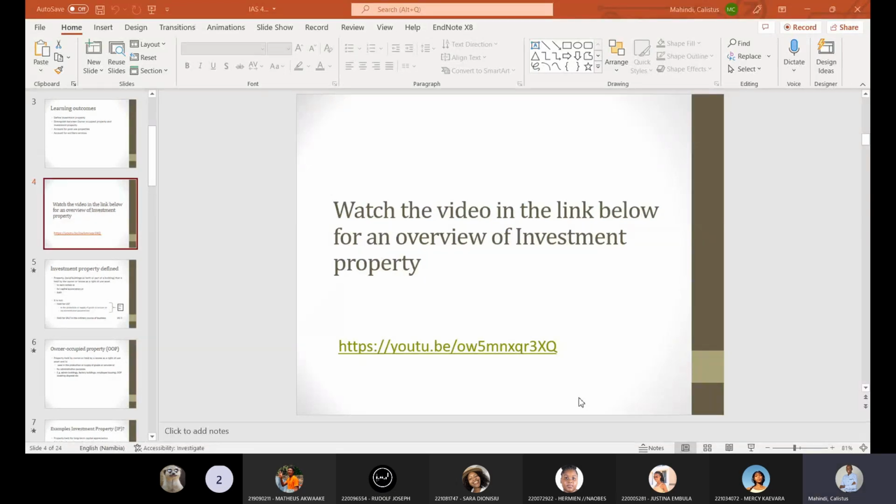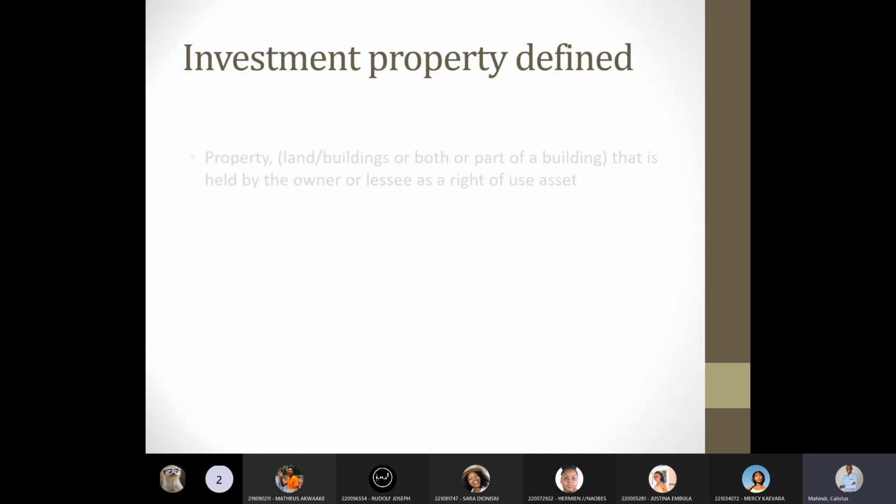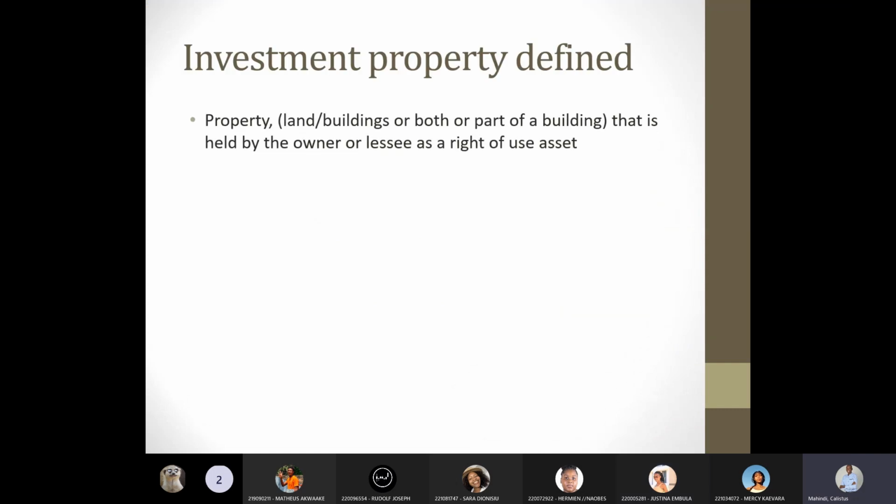All right. One important thing when looking at this standard is that we are looking specifically at land and buildings. We're not looking at other types of property such as equipment or vehicles. So investment property is defined as land and buildings or both, or a part of a building that is held by the owner or the lessee as a right of use asset.